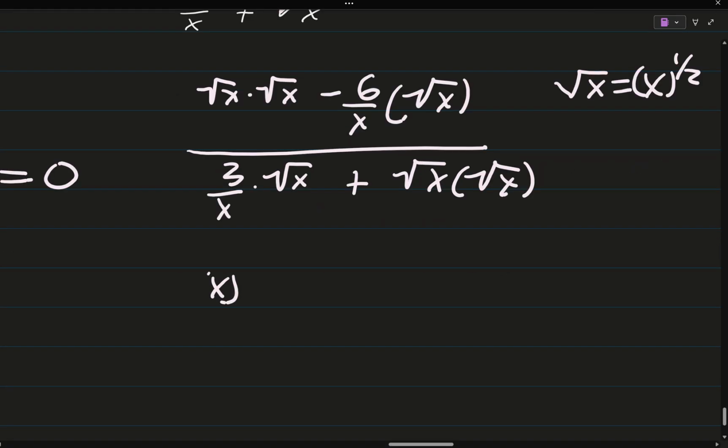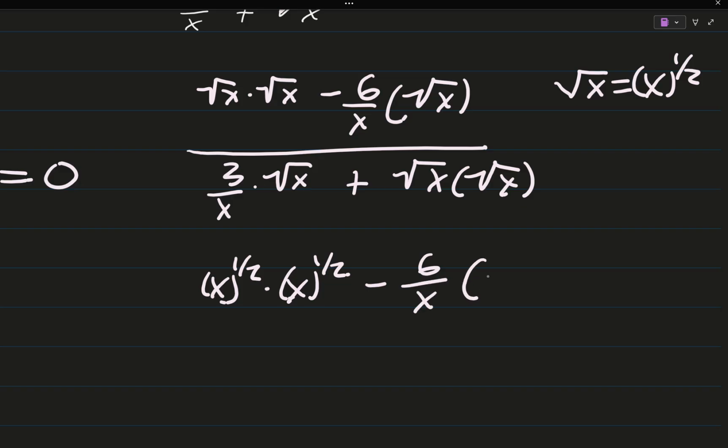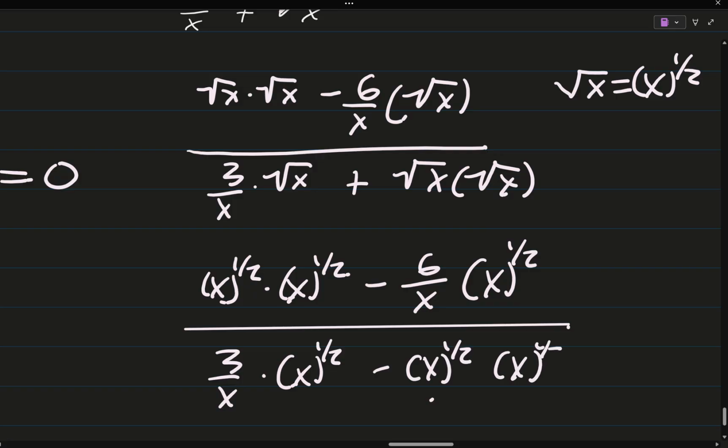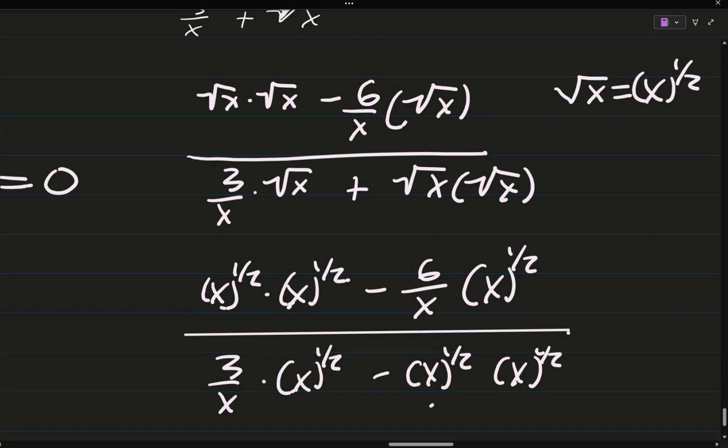So it will be x to the 1/2 times x to the 1/2 minus 6 over x times x to the 1/2, over 3 over x times x to the 1/2 minus 6 over x, minus the square root of x to the 1/2 times x to the 1/2. Okay, this is what we have.